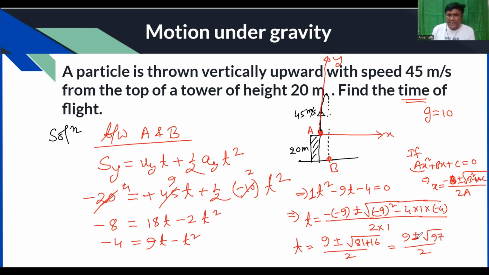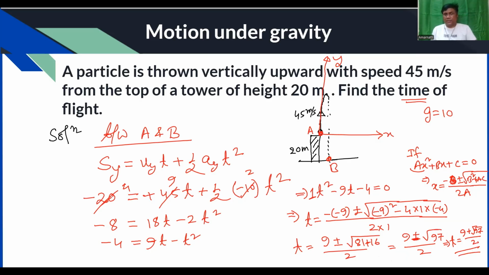But remember, the minus sign is impossible, because if you take the minus sign, the time will be negative, since root 97 is greater than 9. So that is why t will be simply 9 plus root 97 by 2. So this is the answer actually, okay?